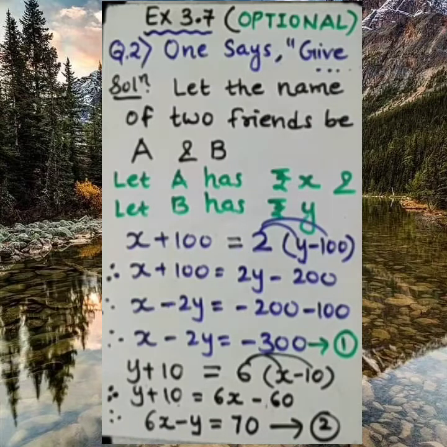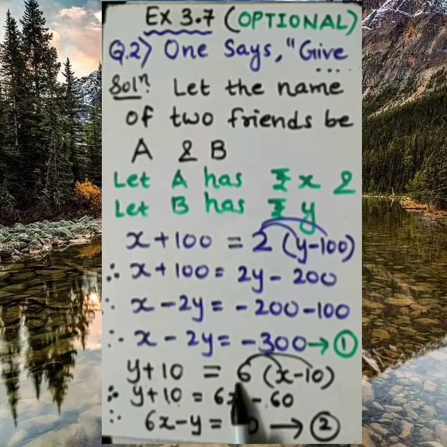I am explaining this part again. Friend B has y rupees with him, and he is gaining 10 rupees from friend A. So whatever amount is left with friend A will be x minus 10. The statement says friend B says, if you give me 10 rupees, then I will be 6 times richer than you.